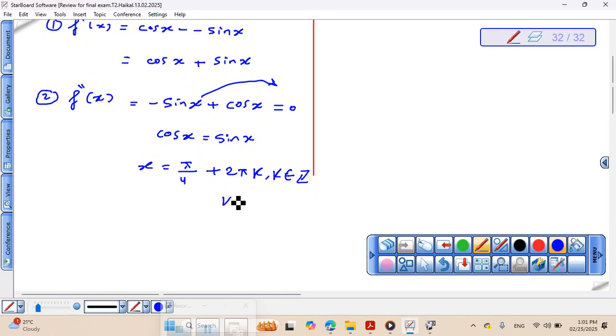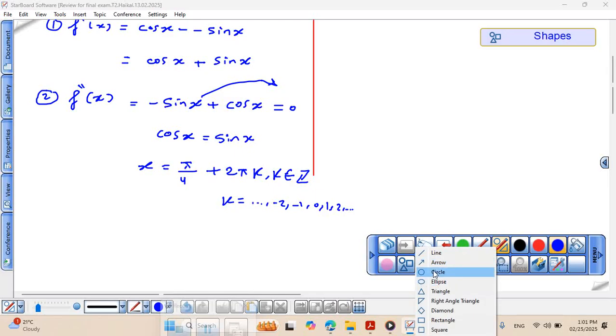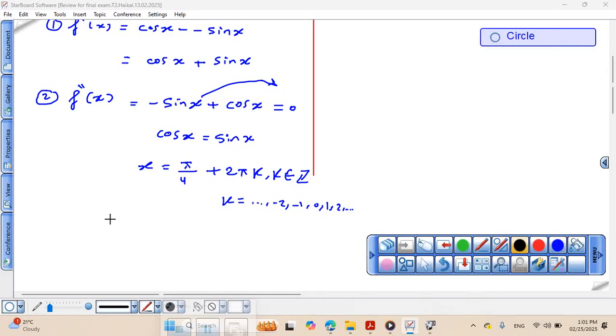Maybe k equals negative 2, negative 1, 0, 1, 2. That's what it means. Maybe some students didn't understand this, so I will explain in detail.